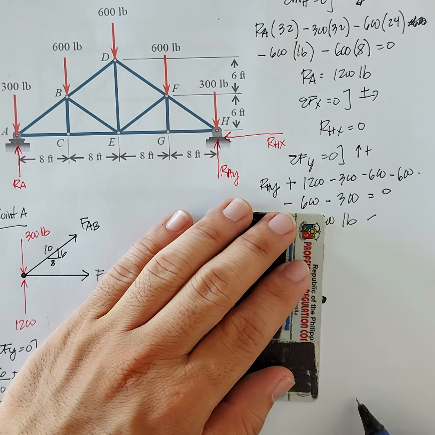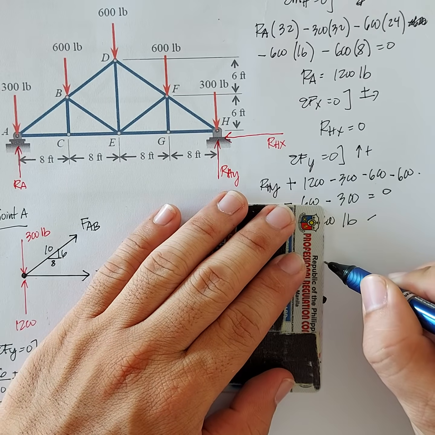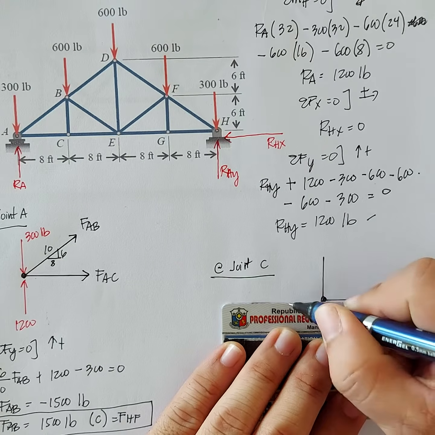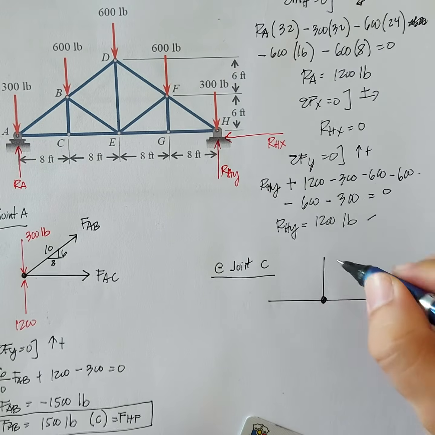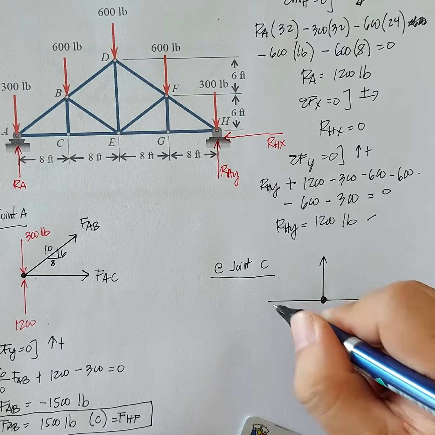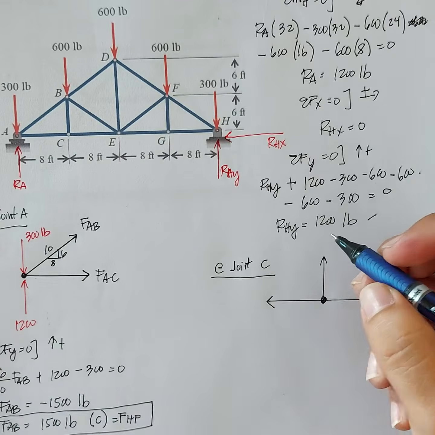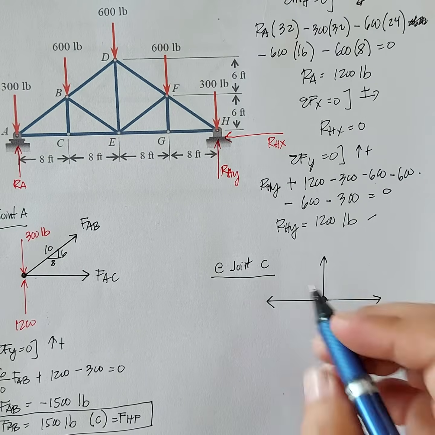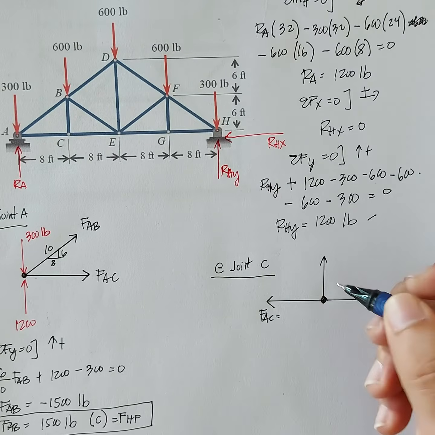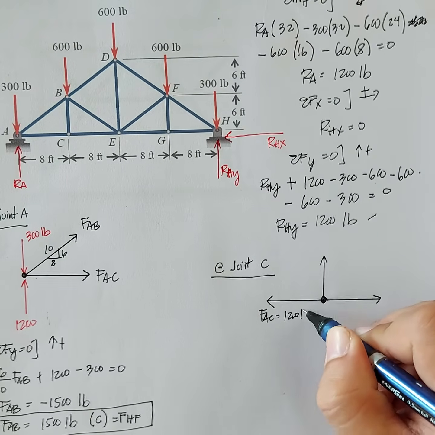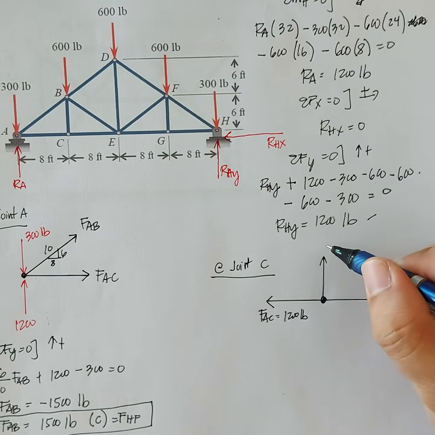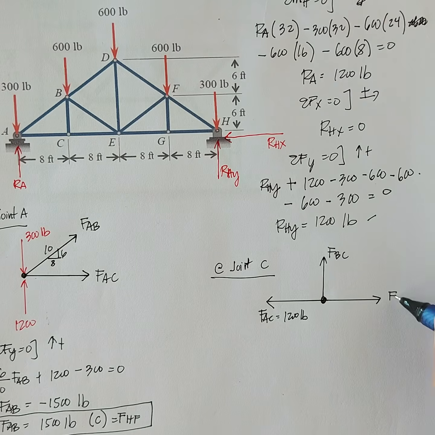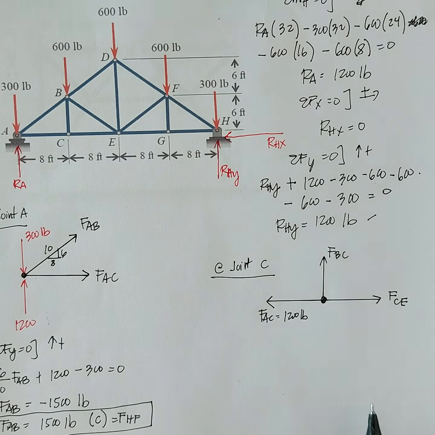Joint C, again, i-assume ko ulit na tension yung mga bar forces. So, this is FAC kanina. Tension yan. This is FAC. 1,200 pounds. This is FBC. FCE.